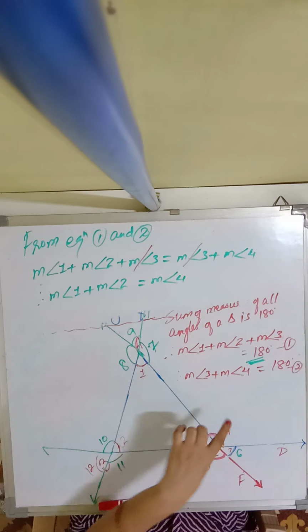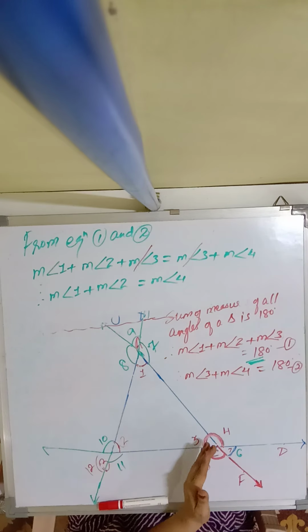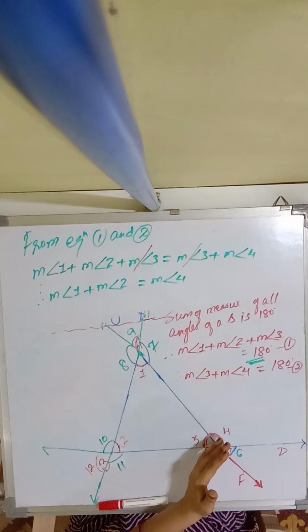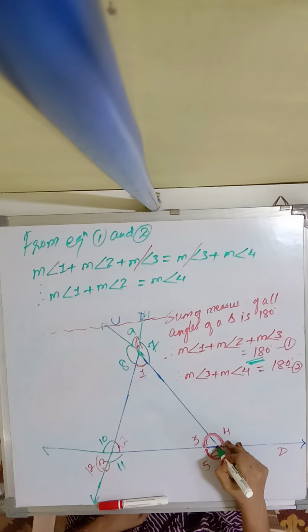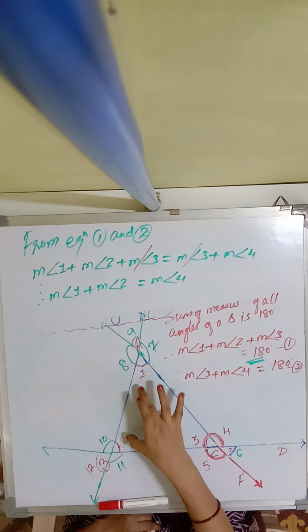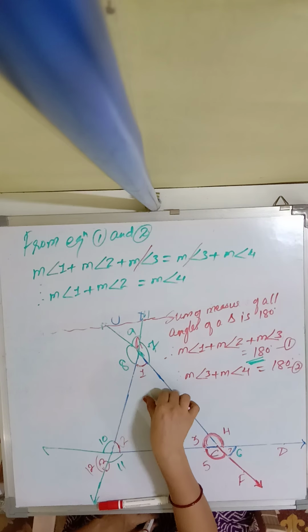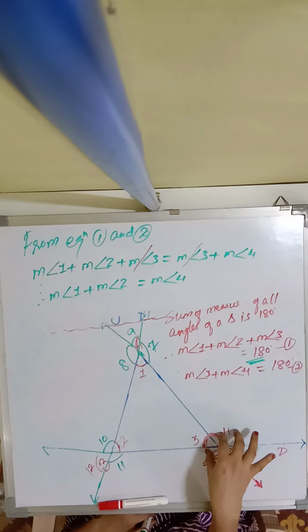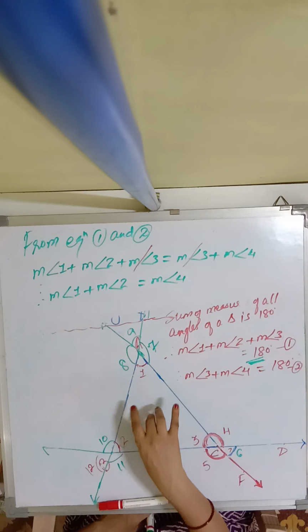And these angles 1 and 2 are the opposite angles to this exterior angle at vertex C, since they are far away from it. So these two angles are called the opposite angles for this exterior angle, and since they are away, they are also called remote interior angles.